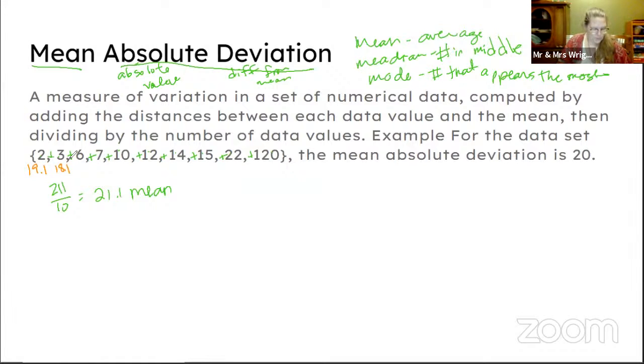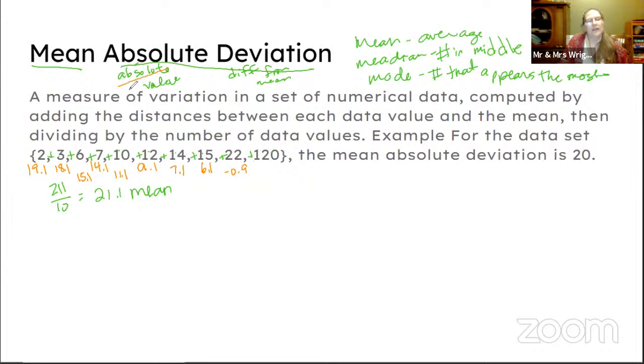Okay, 21.1 subtract 6, I get 15.1. 21.1 subtract 7, I get 14.1. 21.1 subtract 10, I get 11.1. 21.1 subtract 12, I get 9.1. 21.1 subtract 14 is 7.1. 21.1 subtract 15 is 6.1.